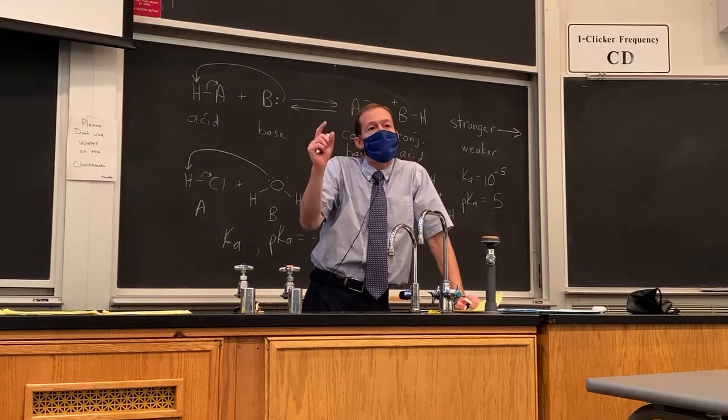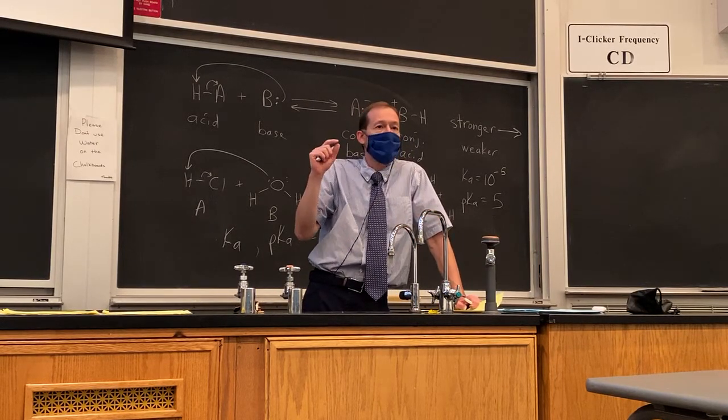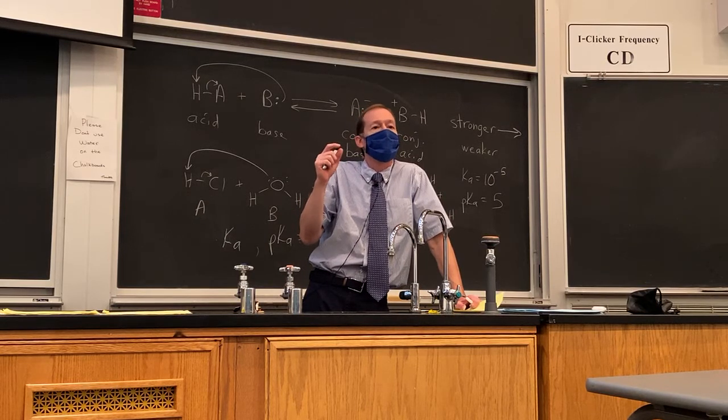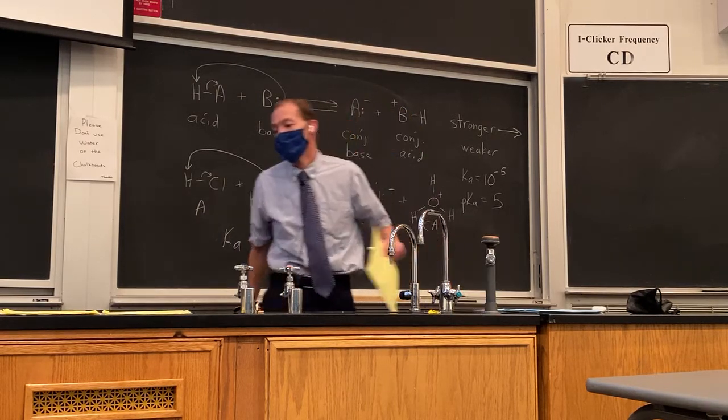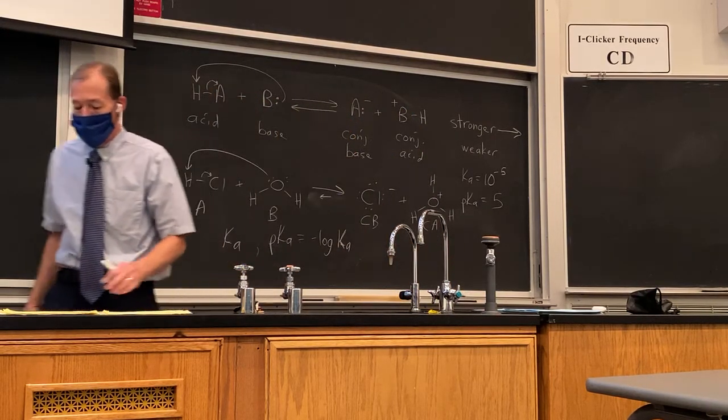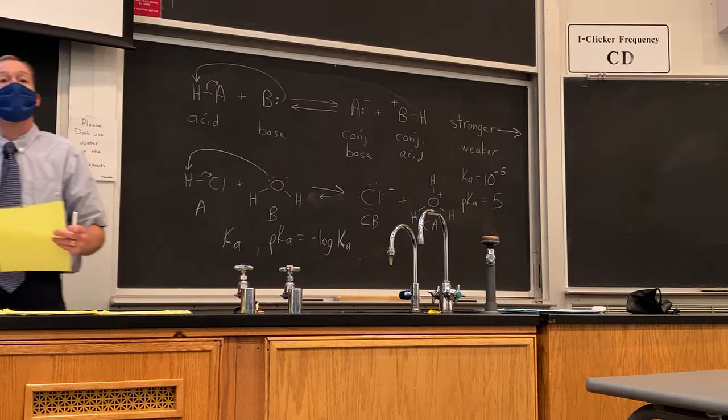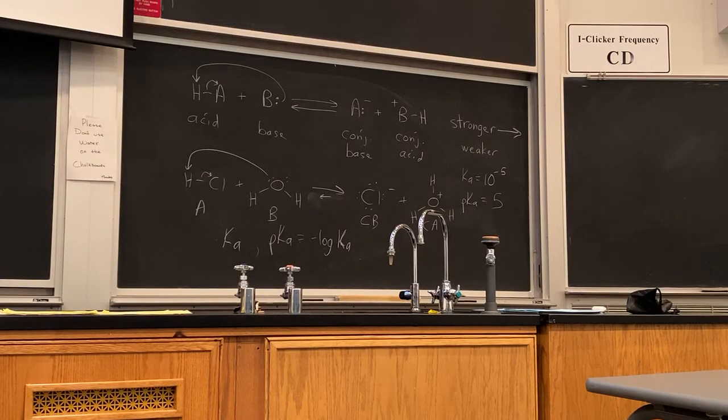So on the pKa scale, would a stronger acid have a larger or a smaller pKa value? Smaller, exactly. So stronger acids are going to have smaller or lower pKa values. Weaker acids will have larger pKa values. So here we have a pKa table from our textbook.